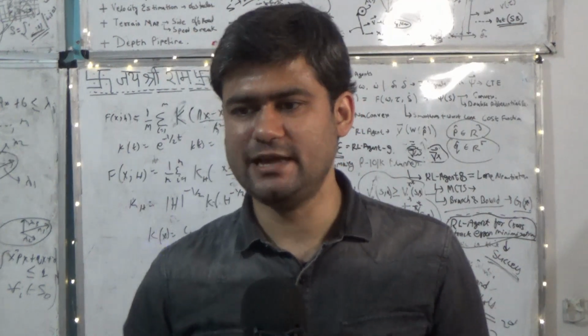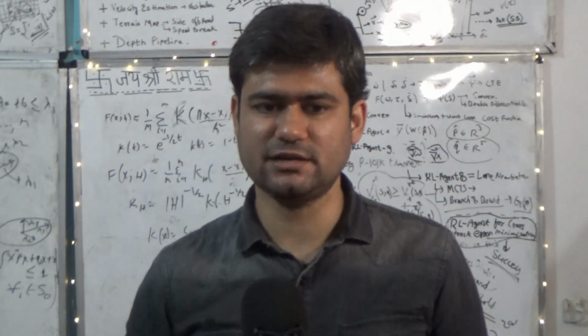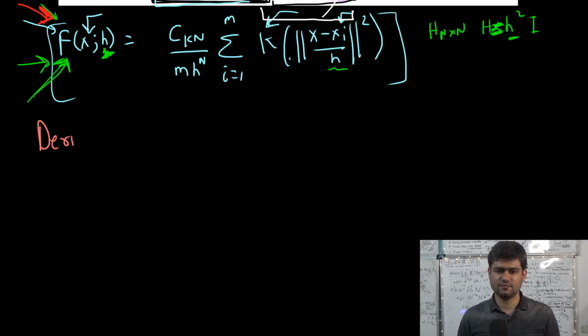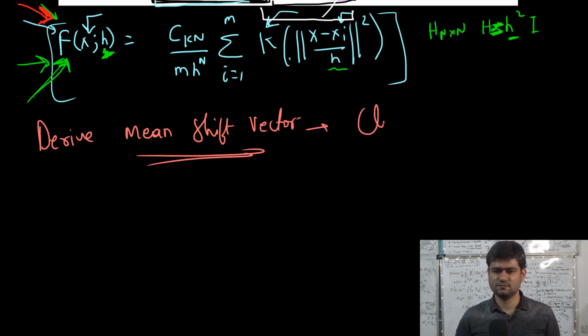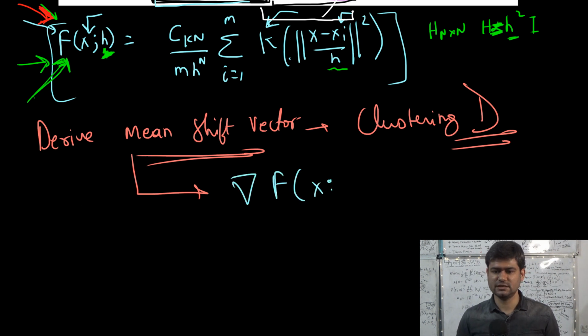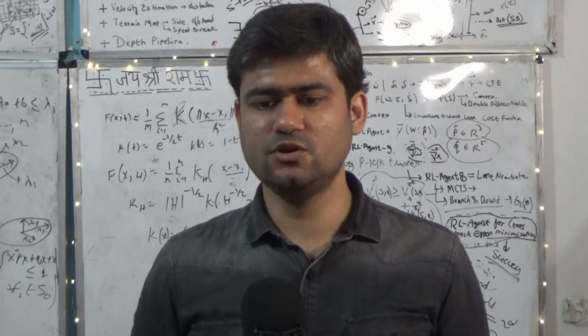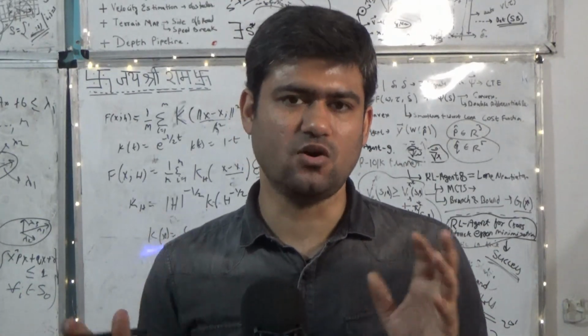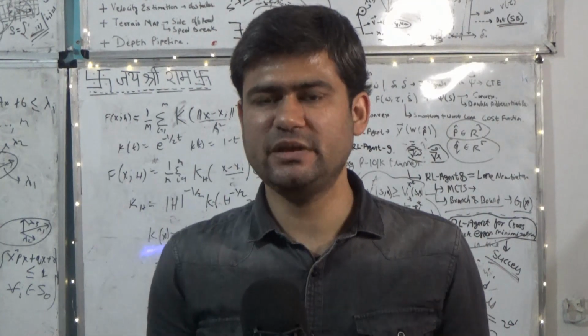So now we will derive the mean shift vector for clustering the dataset, where the mean shift vector is derived by computing the gradient of the kernel density estimator function. Now you would know why we covered all the background theory behind the mean shift algorithm.